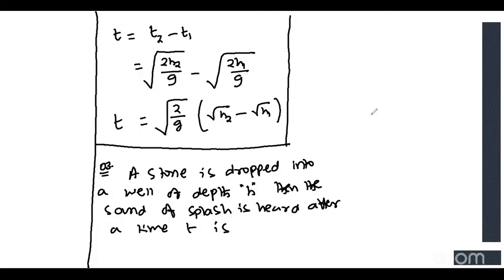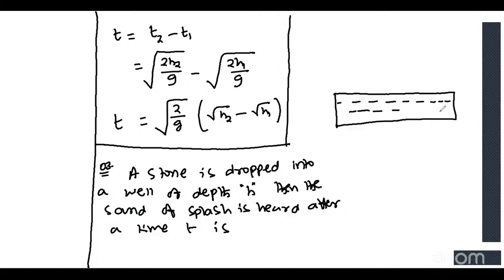Suppose we are having a well like this. This is having a depth h. A stone is dropped into the well. Suppose here the stone is dropped.